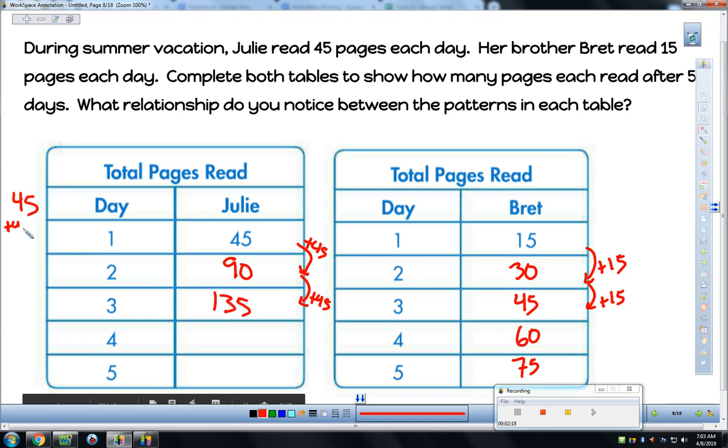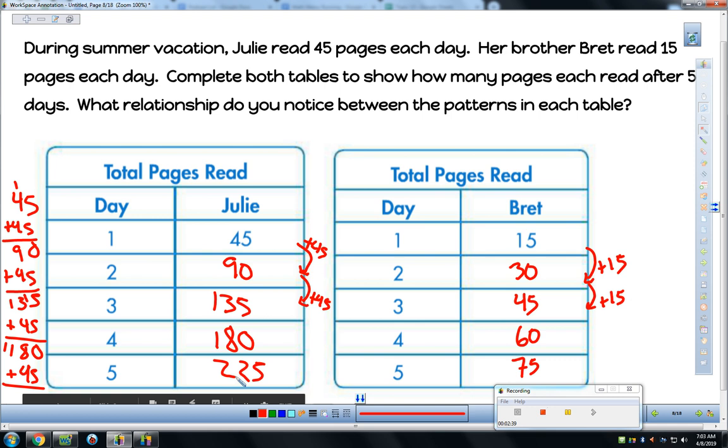What it could look like is something as simple as this: 45 plus 45 is 90, plus 45 is 135, plus 45 is 180, plus 45 is, 5, 2, carry my 1, 225.